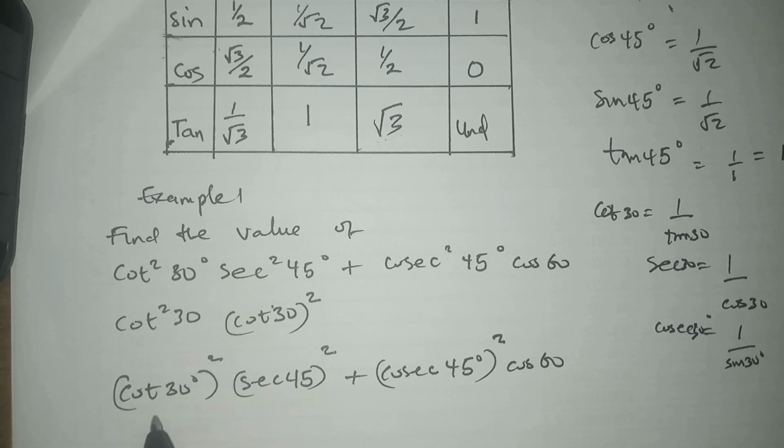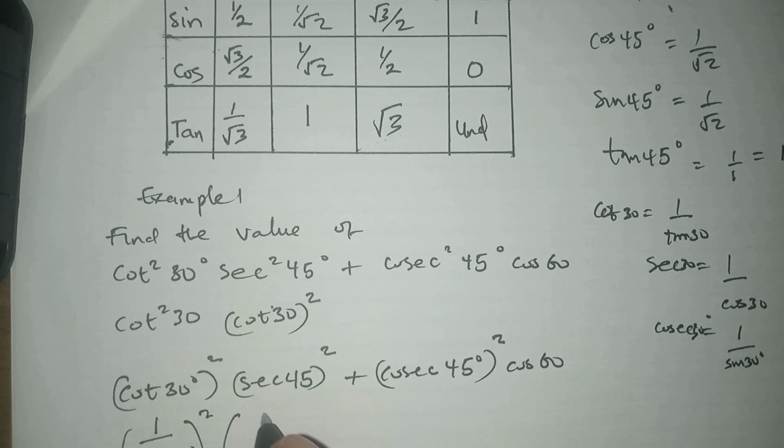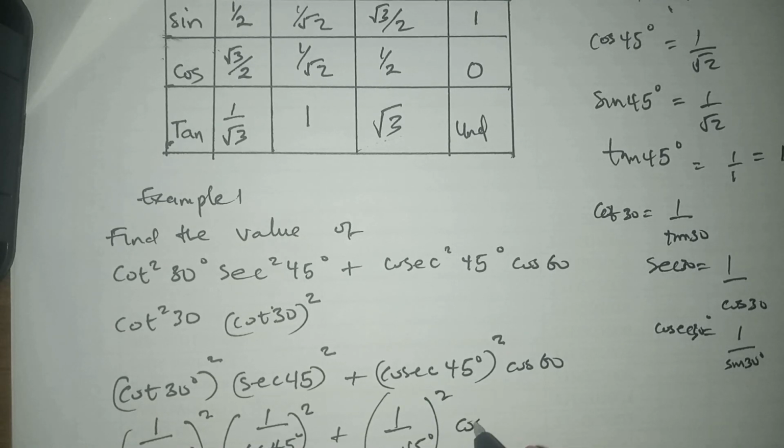Cot 30 is 1 over tan 30, everything all squared. Sec is 1 over cos 45 all squared, plus cosec, 1 over sine 45 degrees all squared, then cos 60.